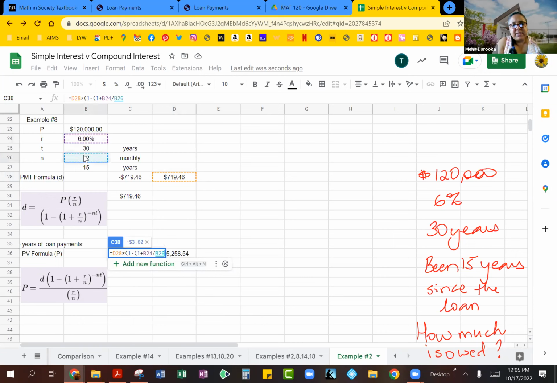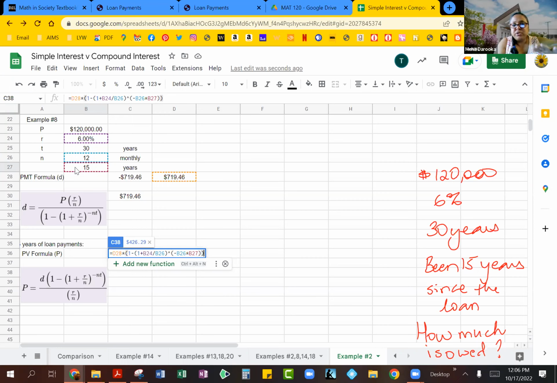N is monthly, so that's the 12, close parentheses, and then again you have the negative exponent, so caret, inside parentheses, negative N, so that's the 12 times T. Now again, remember guys, the time is 15 years, so N times T will be 12 times 15, so that takes care of the exponent.